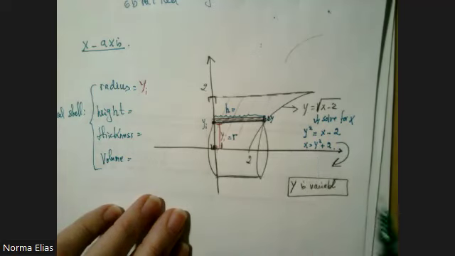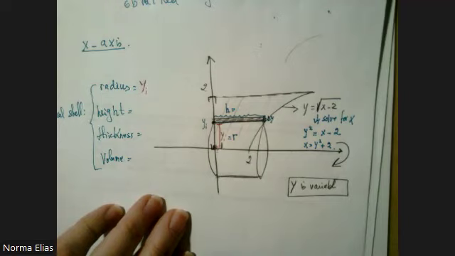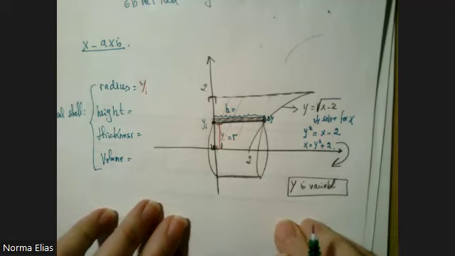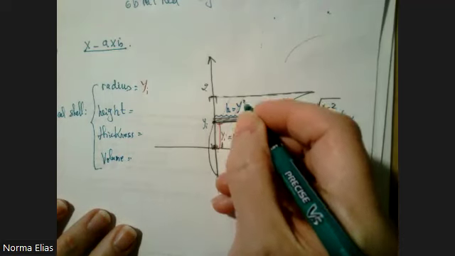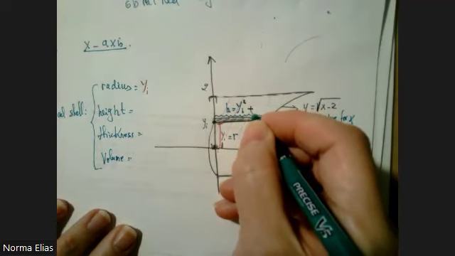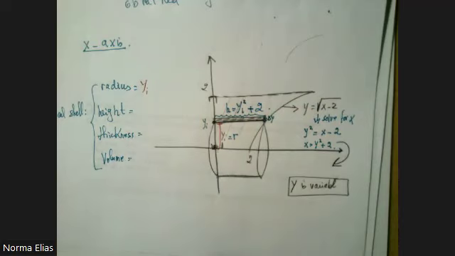I solve x equal y squared plus 2. Am I doing something wrong? No, everyone else is goofing. Okay, so be careful. All right. So the height is going to be y squared plus 2. Is that clear for everyone? That's going to be my height.